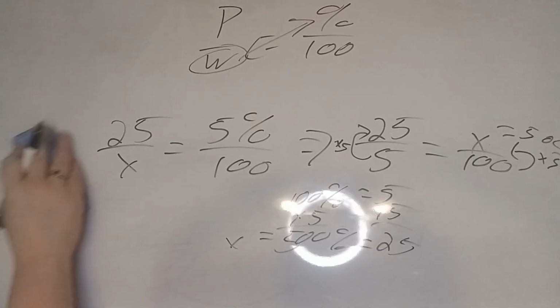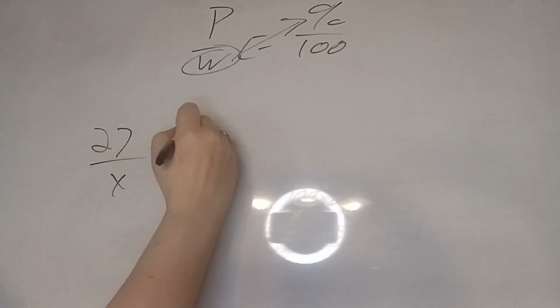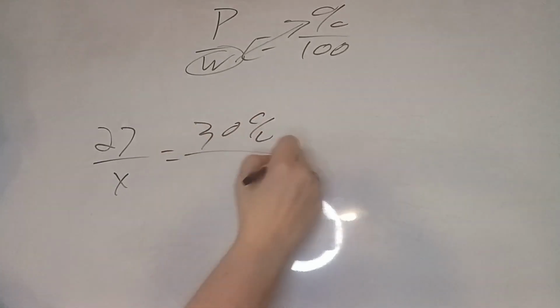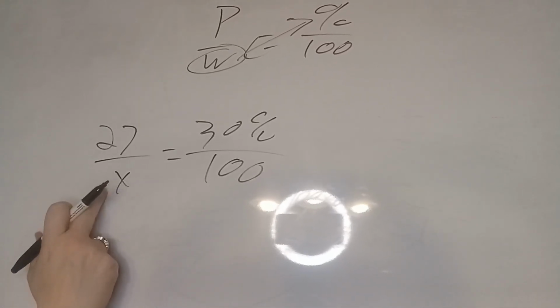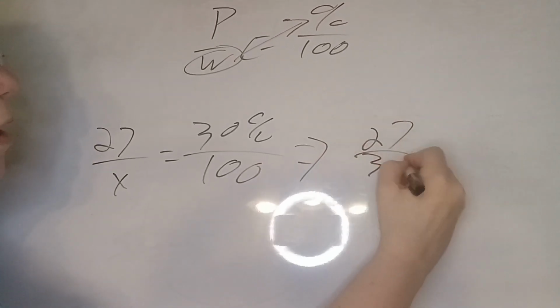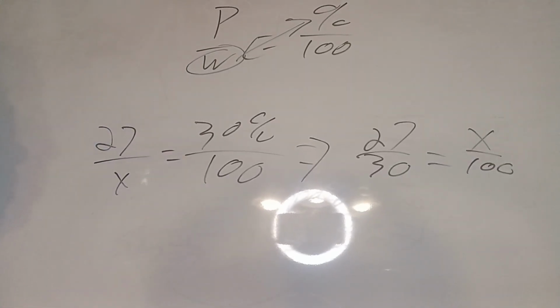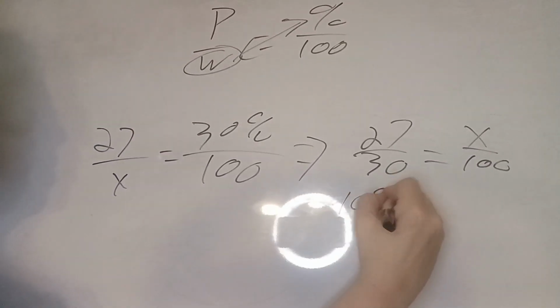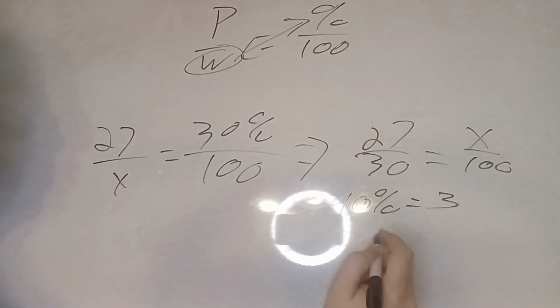Let's look at another one. If 27 is 30% of something, what is this number? All right, we switch them around. 27 over 30, X over 100. 10% is 3. 3 times 9 is 27.